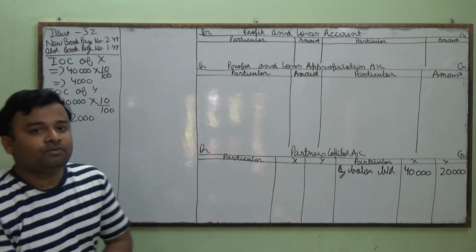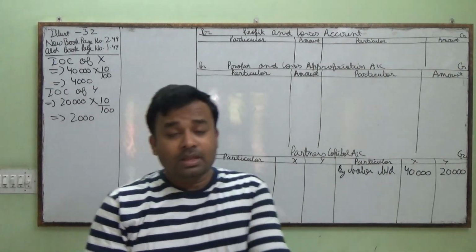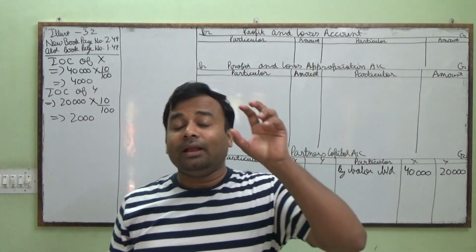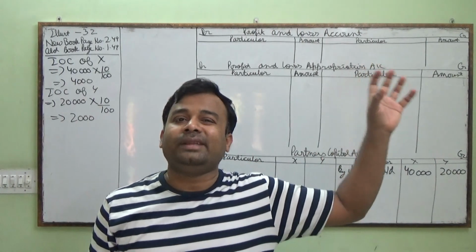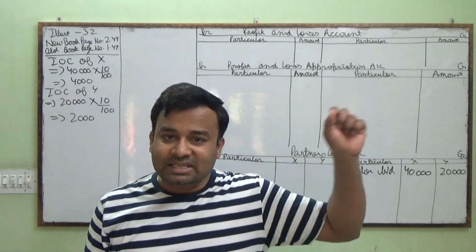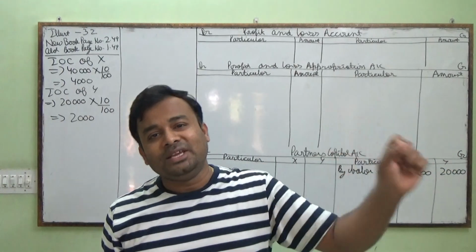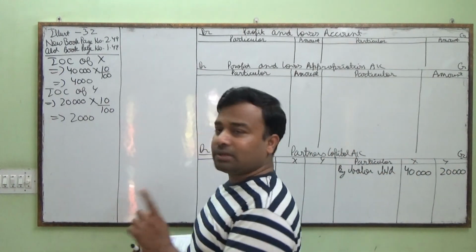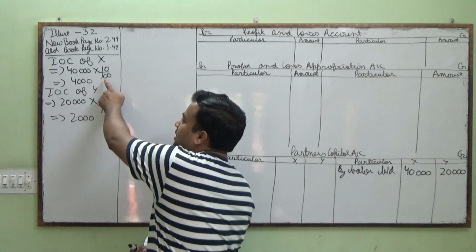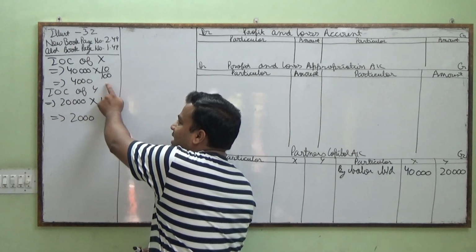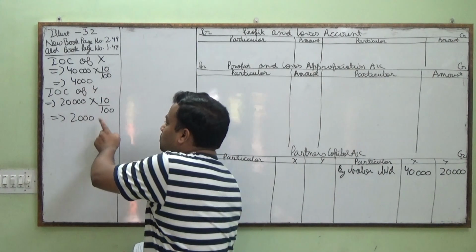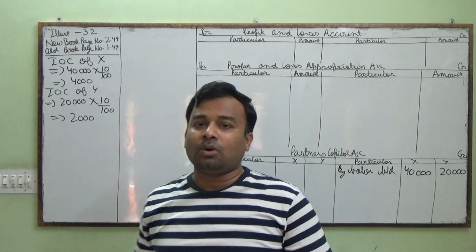What will be the entry for providing interest on capital? Entry will be: interest on capital account debit, to X capital account 4,000, to Y capital account 2,000.